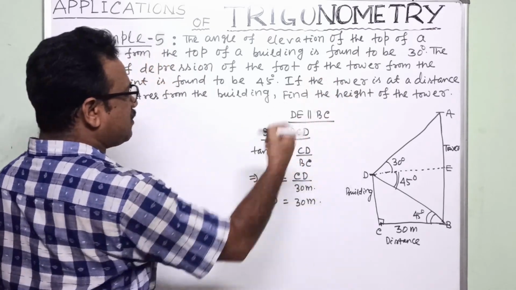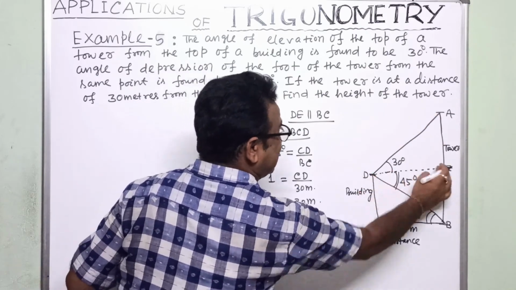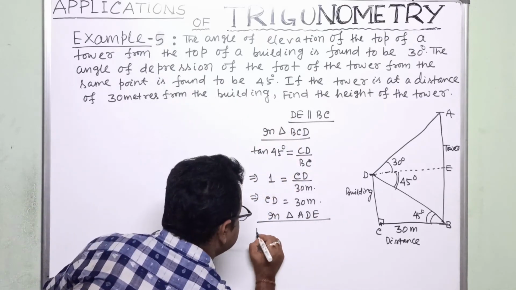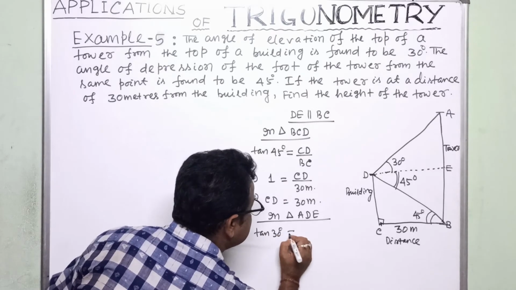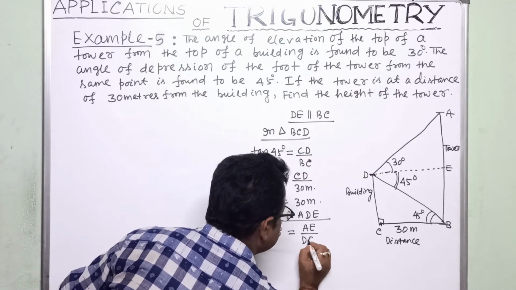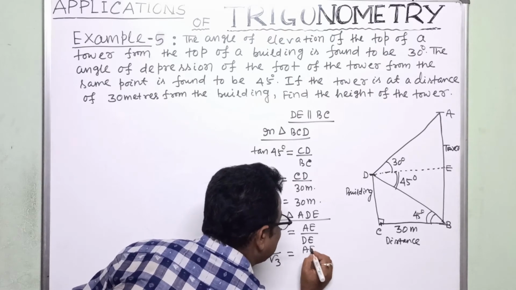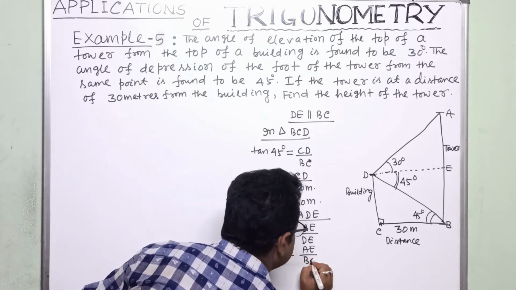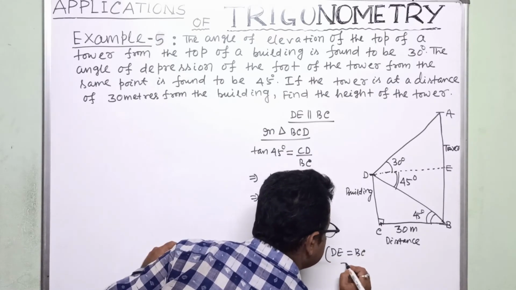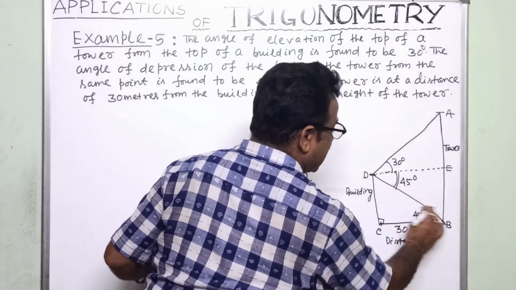Now come to triangle ADE. In triangle ADE, tan 30 degrees is equal to AE by DE. So that implies 1 by root 3 is equal to AE by BC. DE is equal to BC, which is 30 meter, because this is a rectangle.